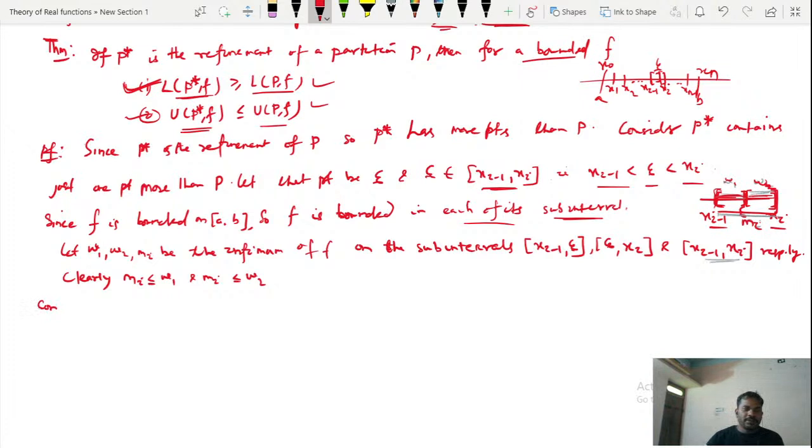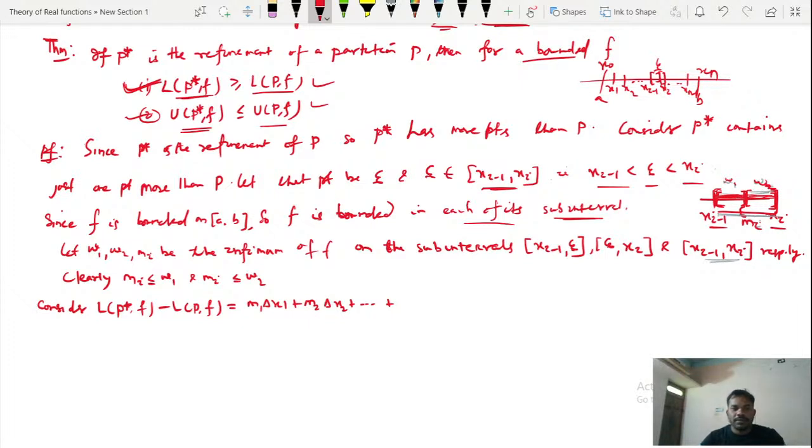Now if I consider LP star f minus LPf, so what will we get? This is the ith interval and the rest of the subintervals are the same. That means for LP star f we can write m1 del x1, m2 del x2, and when the ith interval came, there is one more point in this P star.